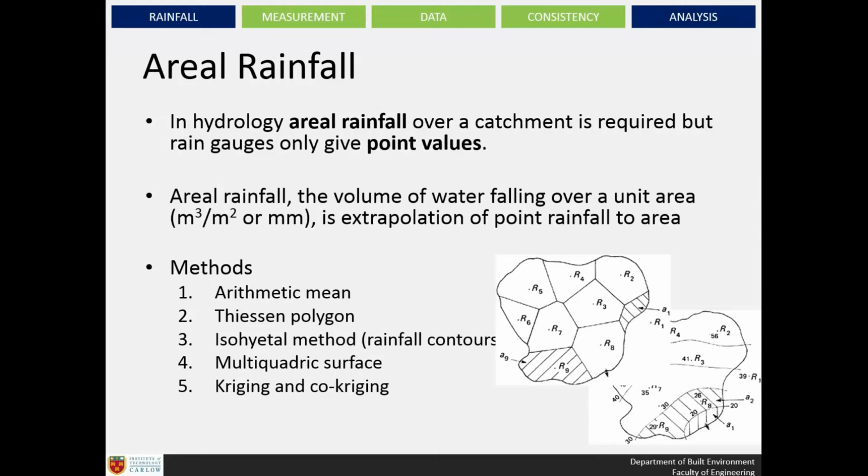It's almost like fitting a polynomial in 3D, where you fit a surface through your rainfall points at each time step. And then some geostatistical methods, say kriging and co-kriging. You might be familiar with this if you do topographic interpolation, say in GIS. A lot of these, say multi-quadric and kriging, with the advance of computer processing and software, are much more accessible ways of interpolating and calculating areal rainfall.